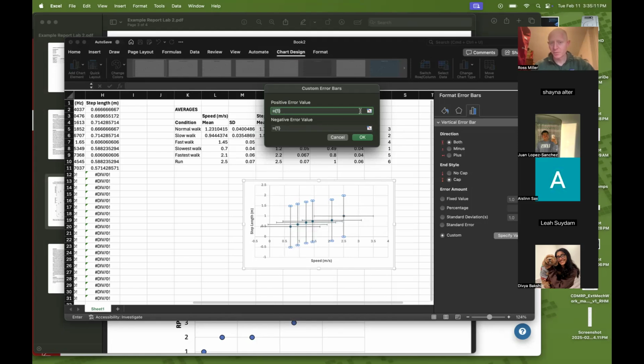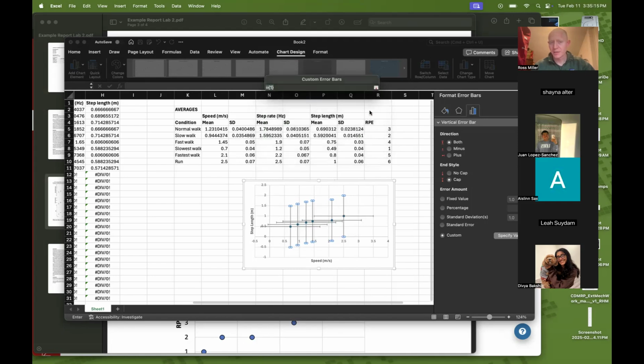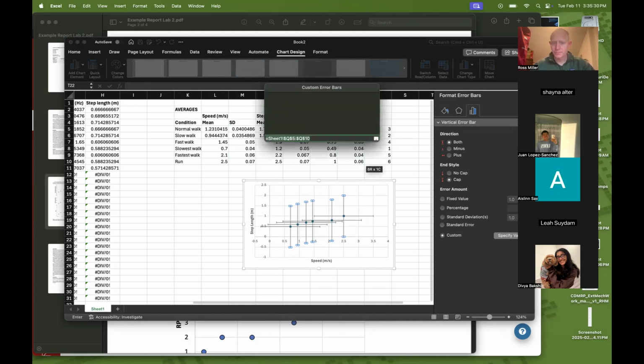Okay. So for my positive one, I'm going to click on my select stuff on the chart here button. And I'm going to pick those 6 standard deviation. Oh, sorry, that's for speed. That's the wrong one. I want it for step length, these ones here. So that's saying take those 6 standard deviations and make them the positive error bars on these 6 mean data points there.